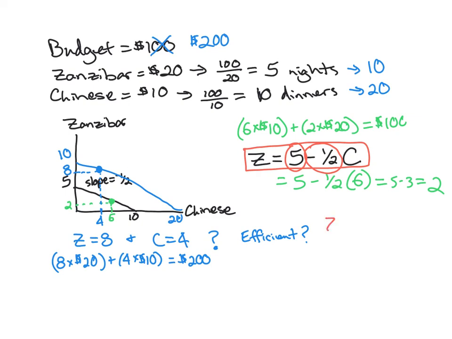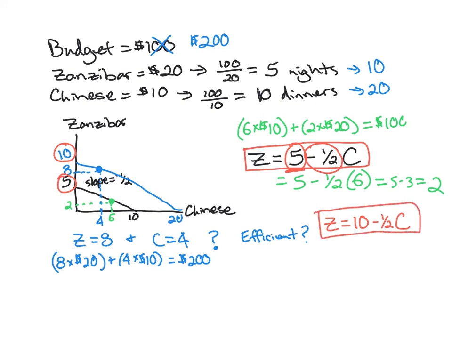So the new equation is going to be, rather than starting with a y-intercept of 5, now she can go to Zanzibar up to 10 times. So that number goes from 5 to 10. Again, the opportunity cost of Chinese nights is not different, so the slope remains at -1/2.